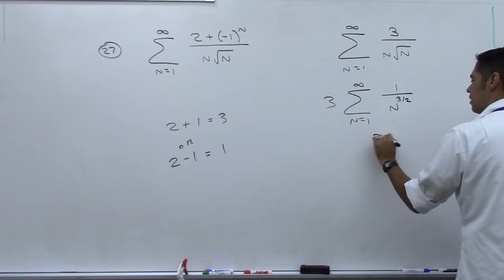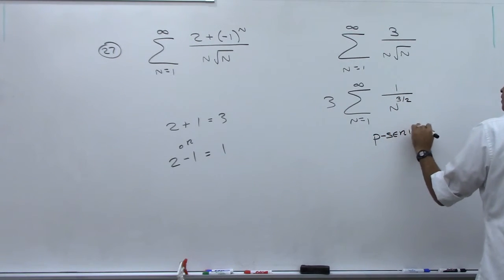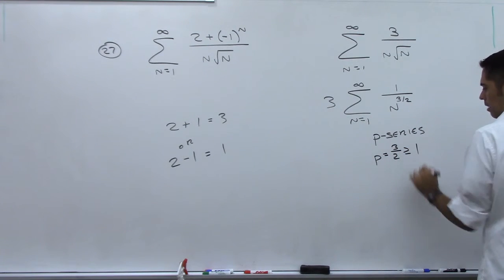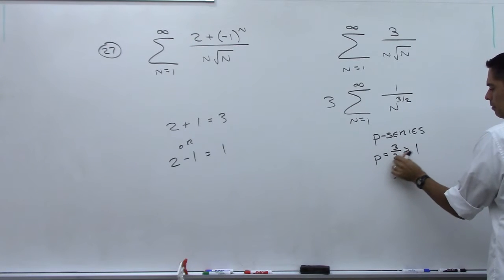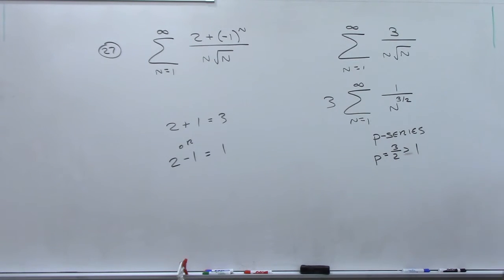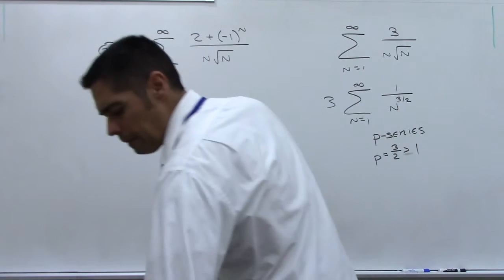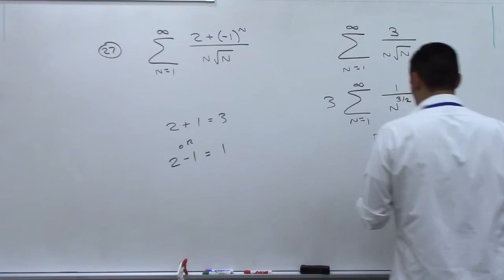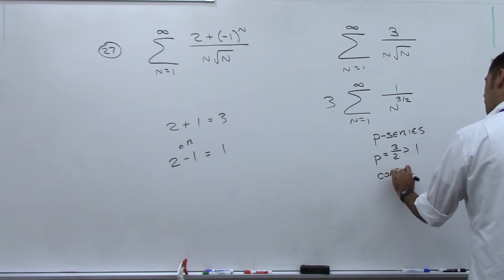And that's a p series. P is 3 halves, which is bigger than 1. Which means it converges.